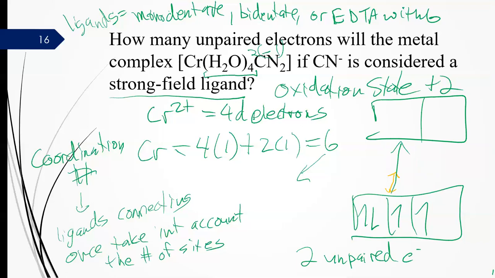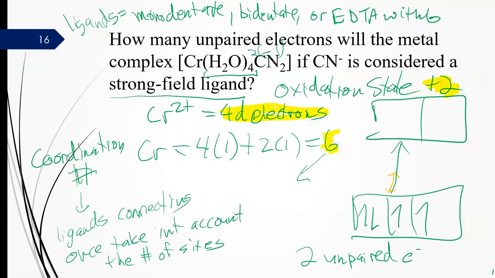And so this is a good example of a question that might be on your exam, because it does require you to know a lot of those different parts. In order to get to the 2 unpaired electrons, you have to figure out your oxidation state so you can figure out your number of d electrons.